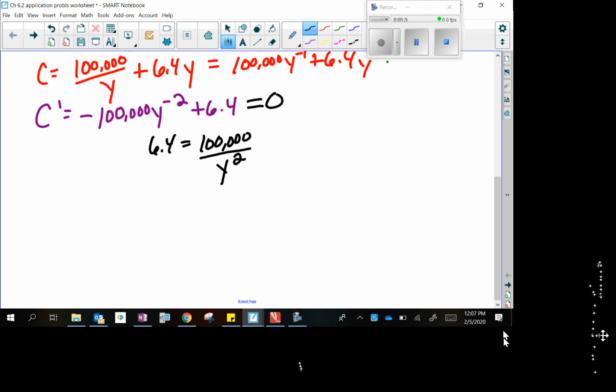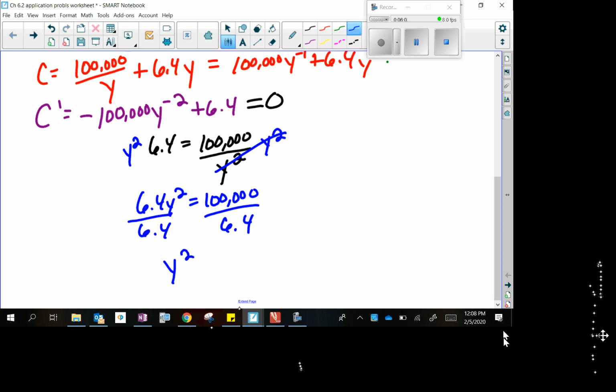Okay, everybody good? Now, to get y squared, we multiply both sides. And then we do what? Divide by 6.4. And y squared equals, what's it equal?